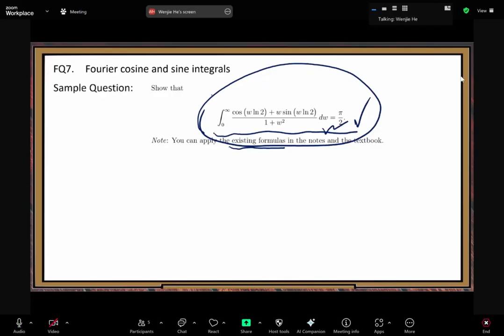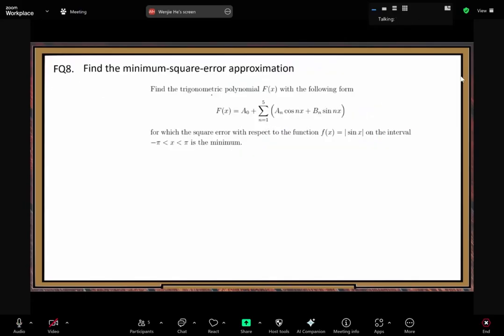Number 8, minimum square error. Another question in our assignment. Here I ask you to use this many terms, so n equals 5, the highest degree term 5, to approximate some function.